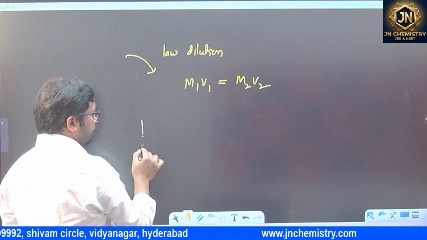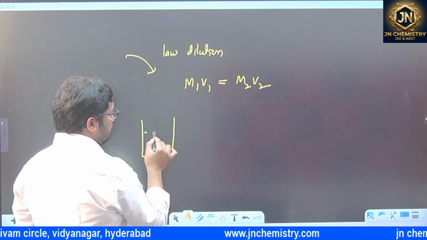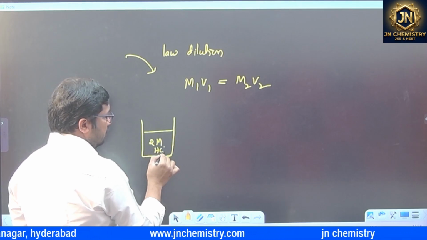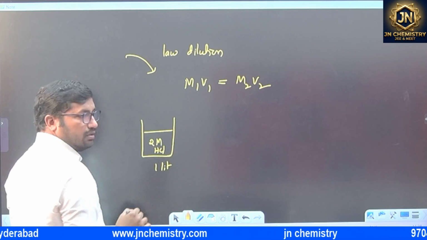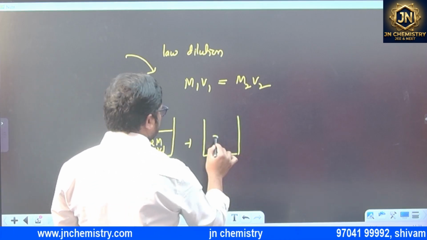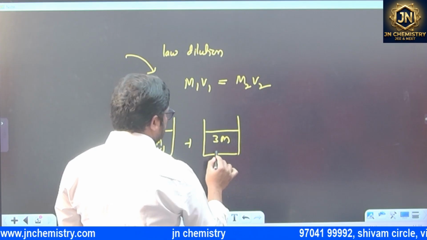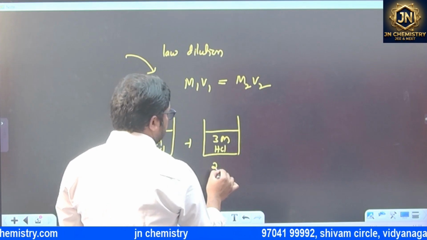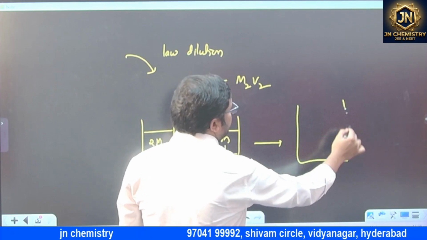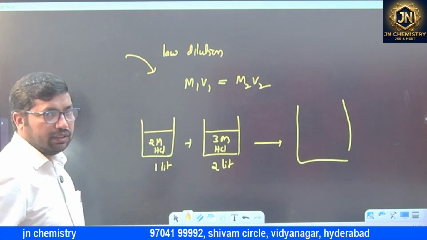In this case, if I am taking, for example, 2 molar HCl 1 liter, plus 3 molar HCl 2 liters, and mixing, the volume we can say is 1 plus 2, 3 liters.